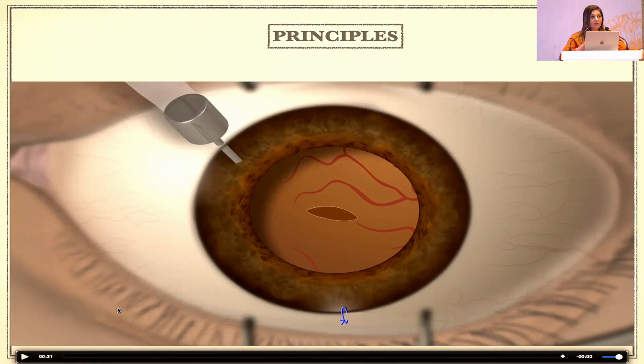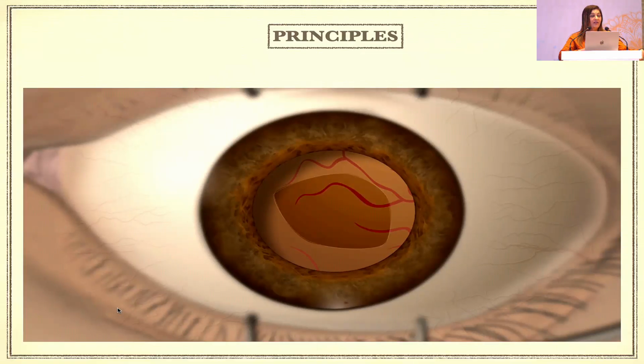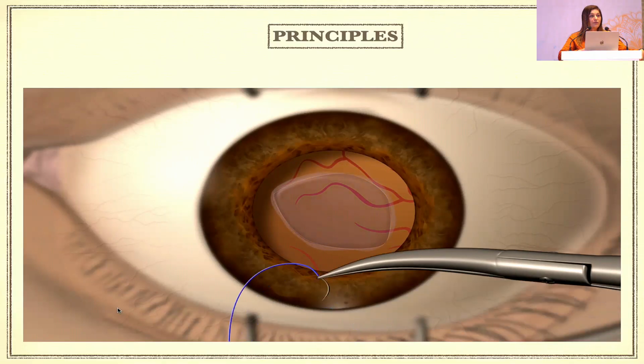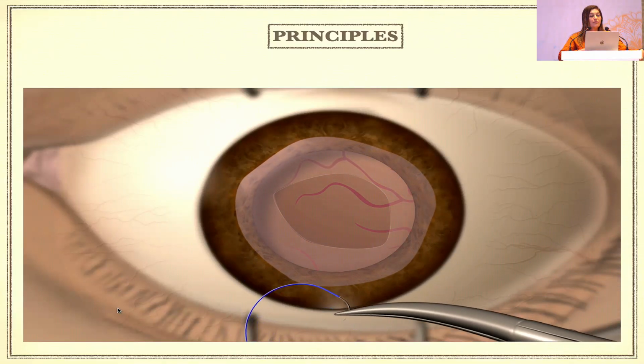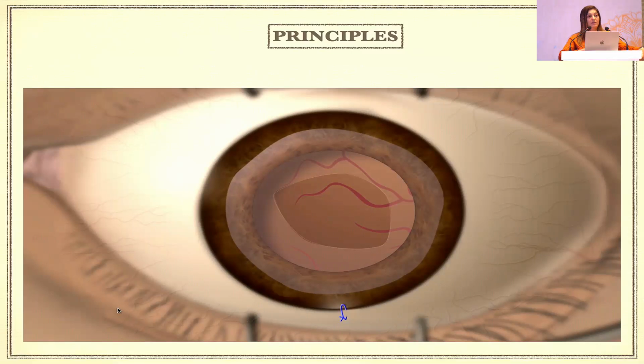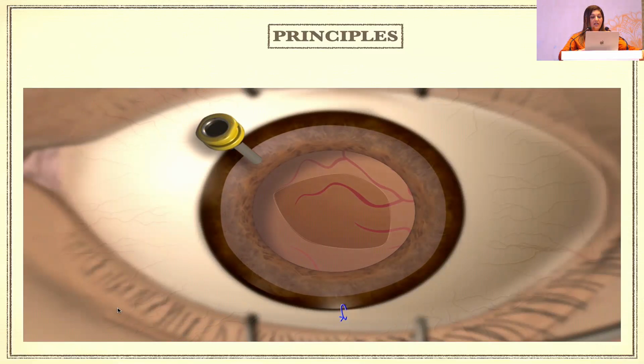But the equation completely changes if you have a big posterior rupture. Now, when you have a big rupture, I would not recommend an anterior vitrectomy. The pars plana vitrectomy is the most ideal thing to be done in this situation. So you need to have a fluid infusion inside the eye.